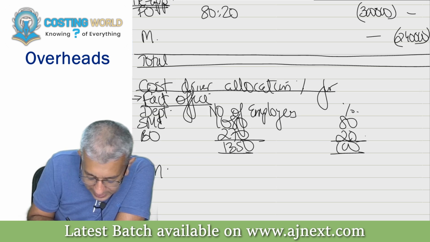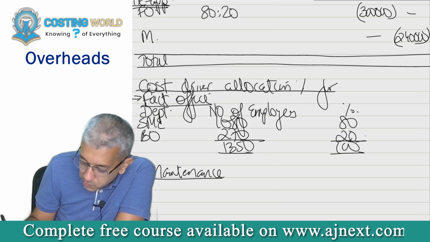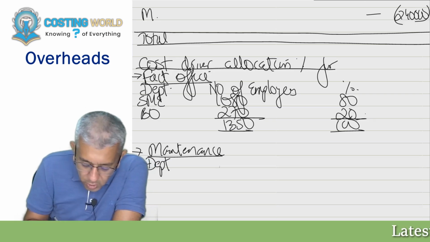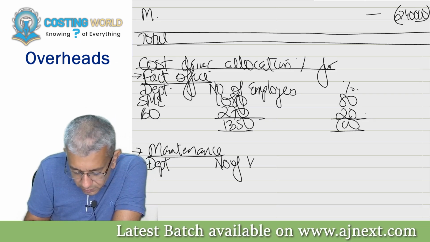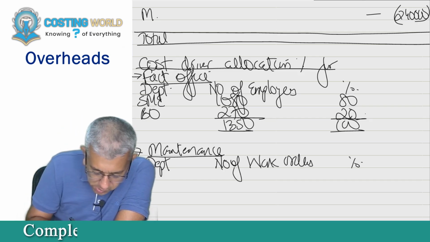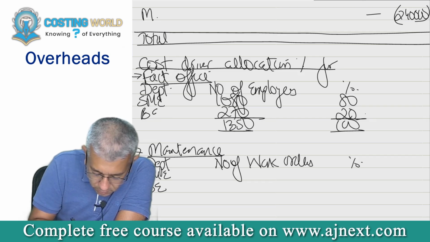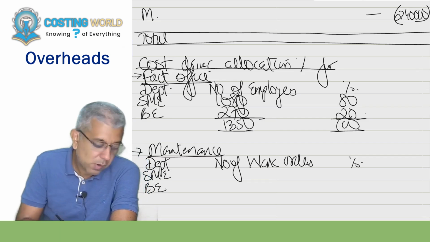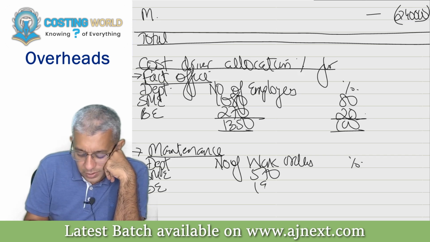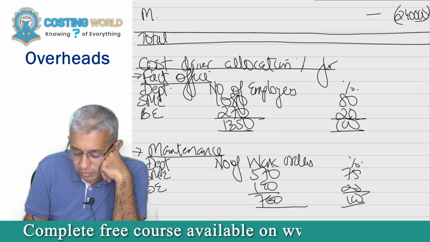Please do exactly the same thing for maintenance. But tell me, for maintenance, the cost driver is what? Number of work orders. Yeah, this is 570, 190, this is 760, converted out of 100 is 75, 25.